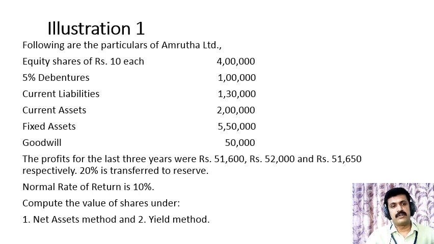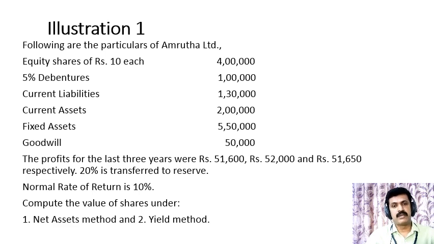From that we have to deduct the total liabilities due to outsiders. In this problem, the total liabilities due to outsiders are 5% debentures and current liabilities. Then the resulting balance we have to treat it as the net assets available for equity shareholders.